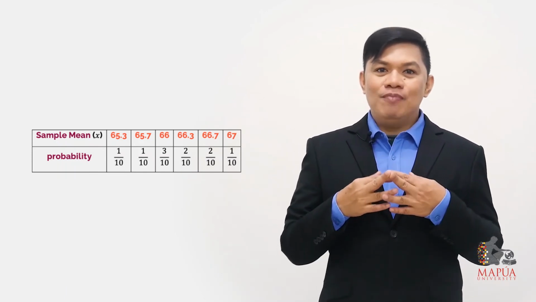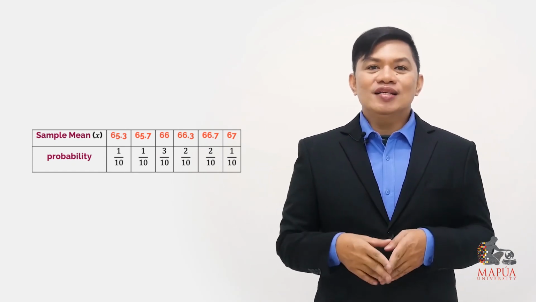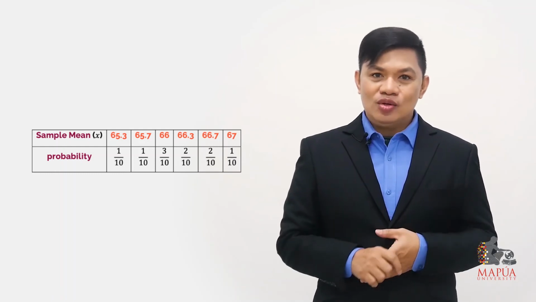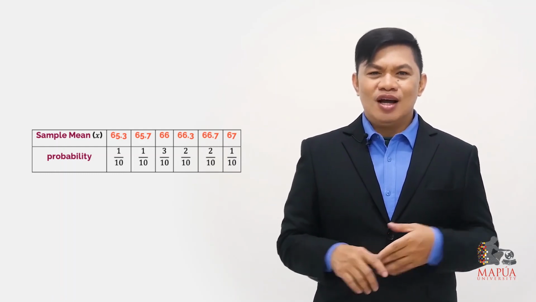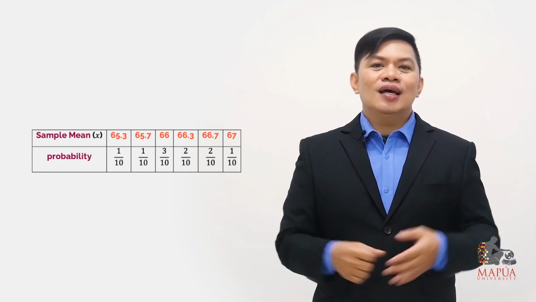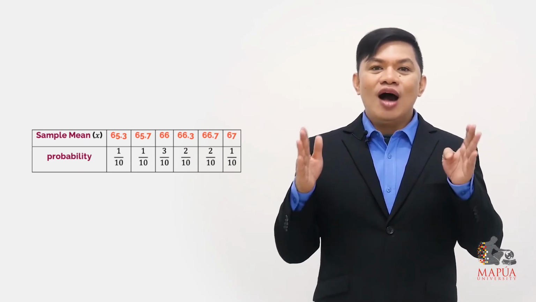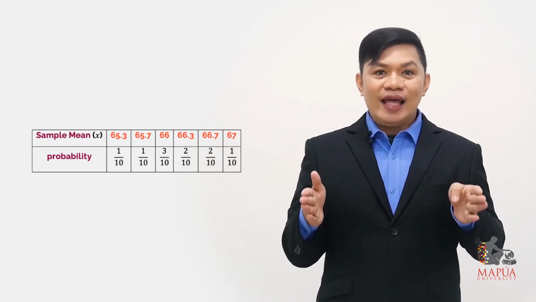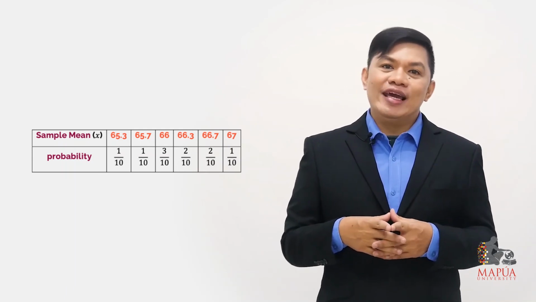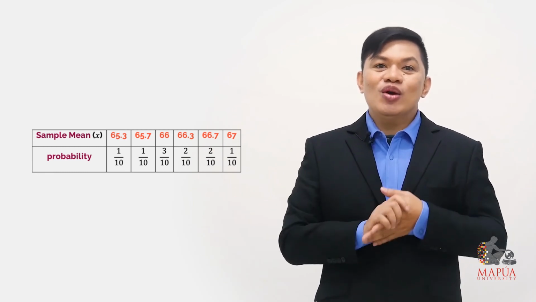Now, we fill up the probabilities. So the question is, what is the associated probability when x bar is equal to 65.3? How do we determine that again? Well, go back to your sample groups. Out of the 10 sample groups, how many groups yielded an average of 65.3? As you saw, there is only one group.